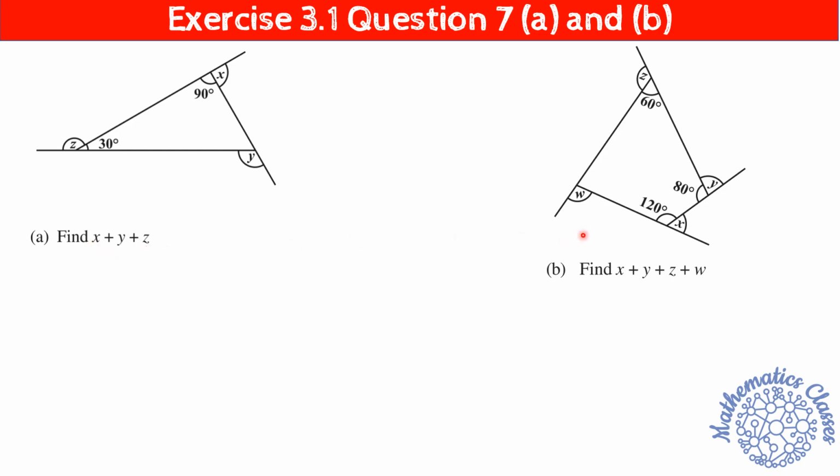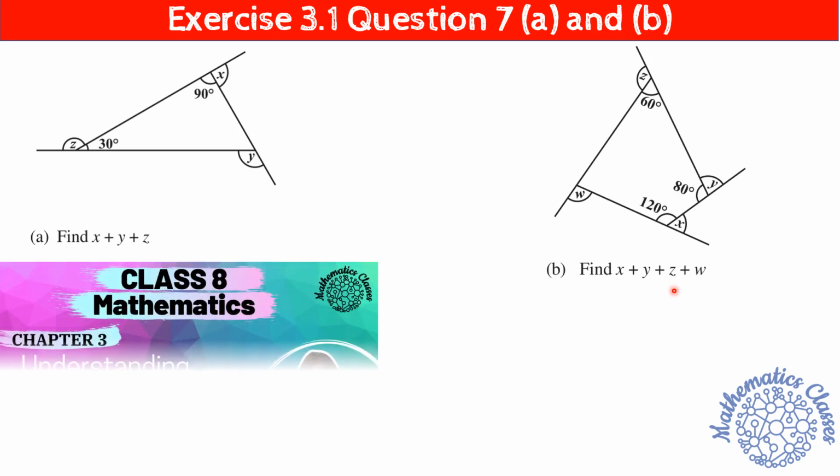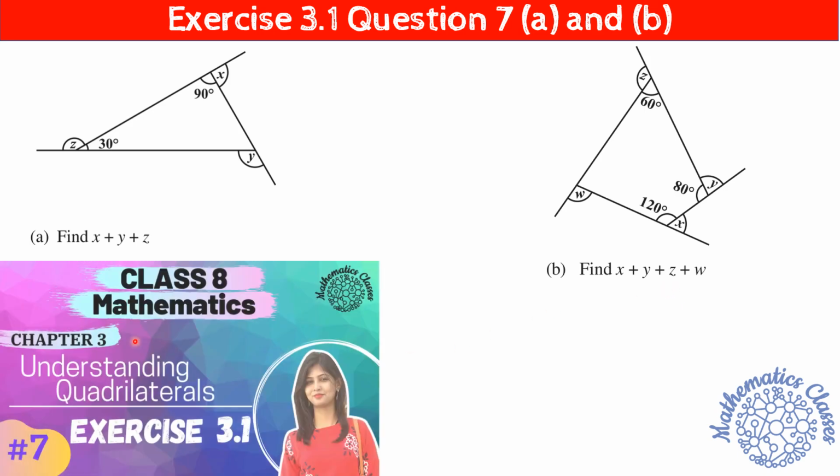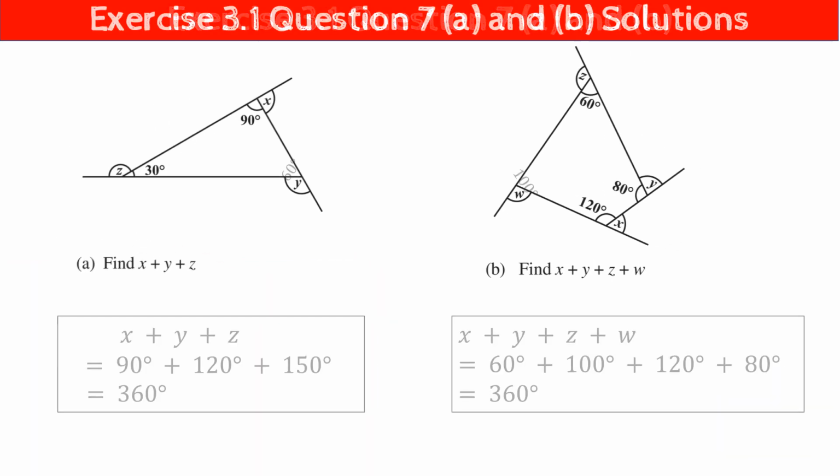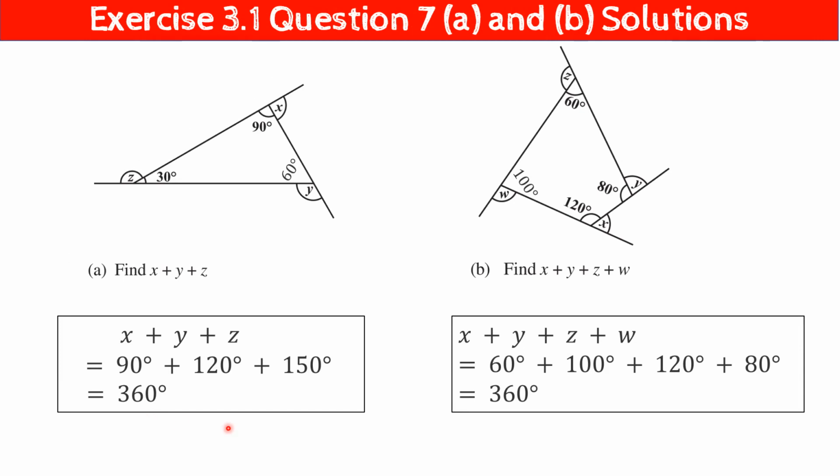Similarly here, in this quadrilateral, we need to find the sum of all these angles x, y, z and w. Please do watch our previous video for the complete solution of this question. In both cases, the triangle and the quadrilateral, we got the sum of all these angles as 360 degrees, as shown here.